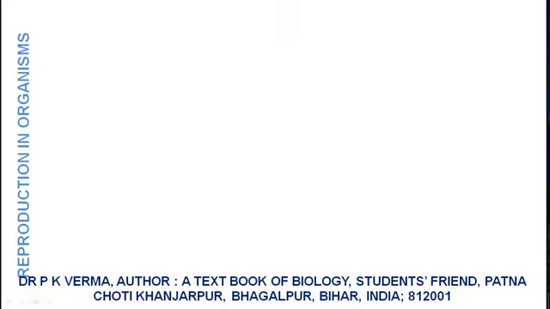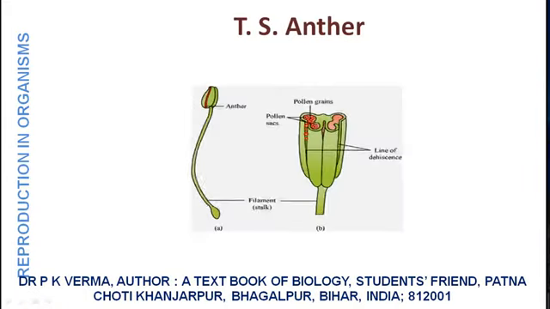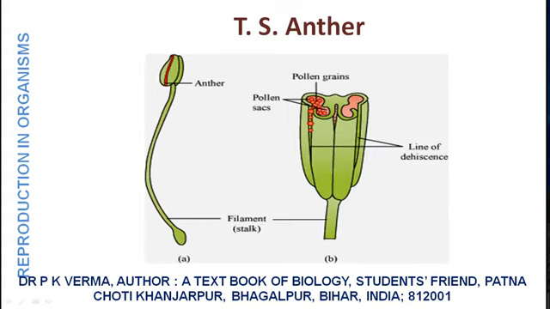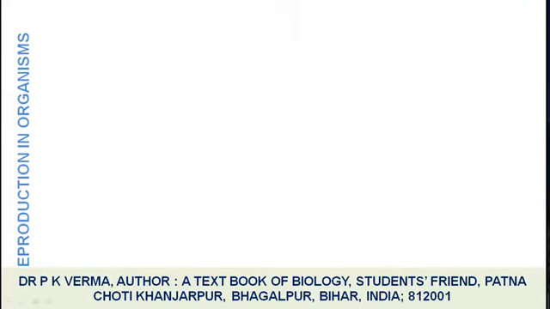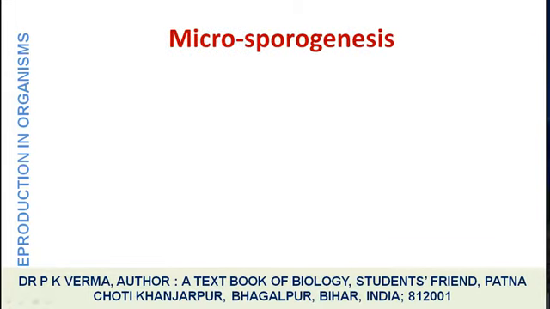So in an anther 4 pollen sacs are developed. Now it is a transverse section of anther. In it, the pollen sacs have been shown as round structures painted reddish. Now come to the process of microsporogenesis.